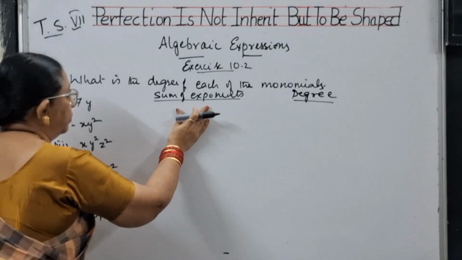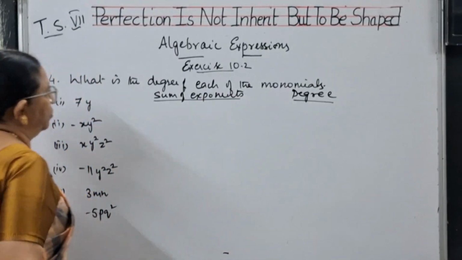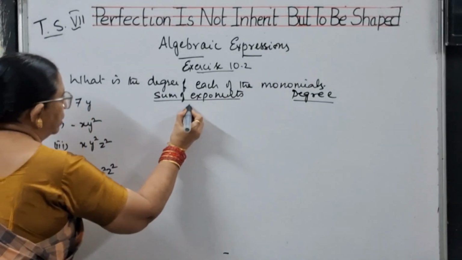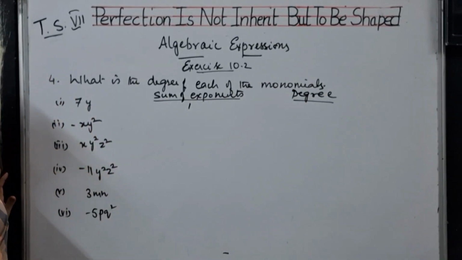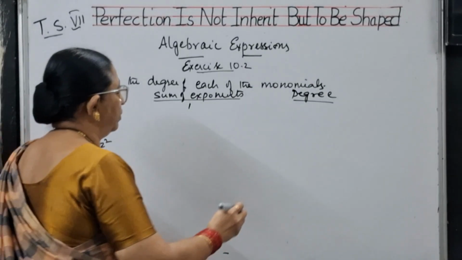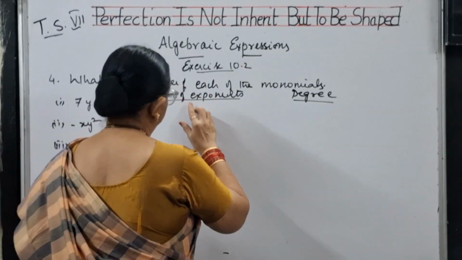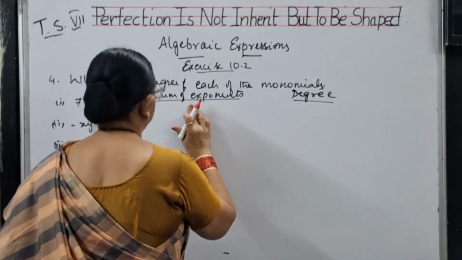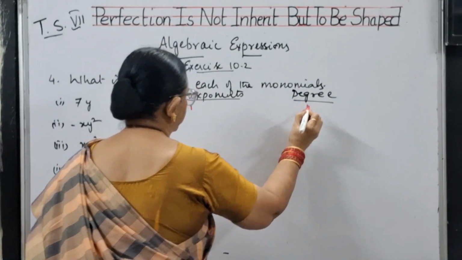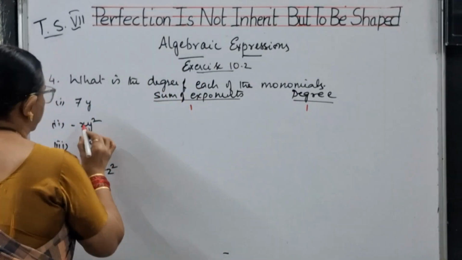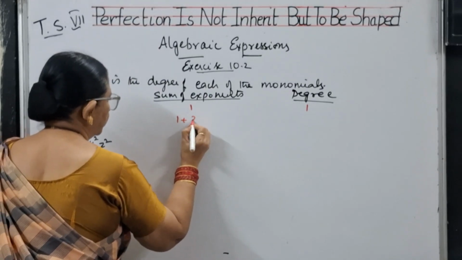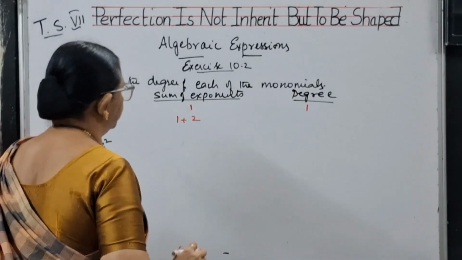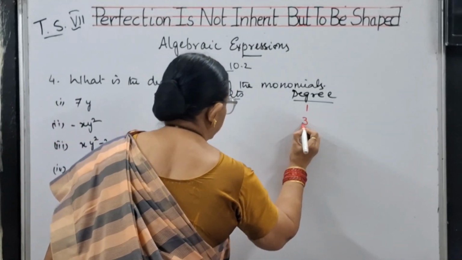First we will see the sum of exponents and we will write the degree. What is the sum of the exponents? Here it has got only one variable exponent. It is only one, so the degree is 1. I'll write it with a red pen so that you'll understand it easily. This is 1, this is 1. And here you have got 1 plus 2, because x is having 1, y is having 2. So 1 plus 2, that means how much? 3.